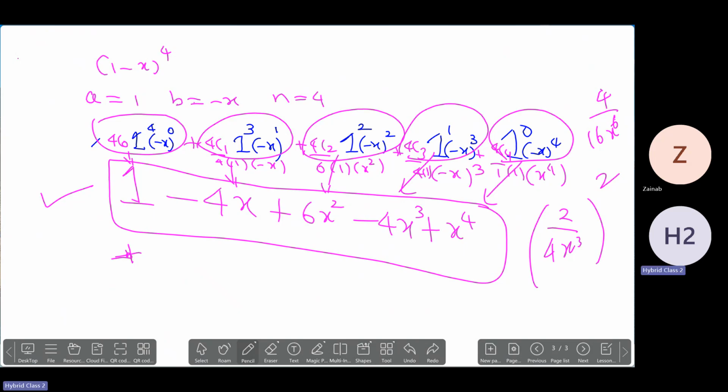Is memorizing hard? You just keep it as an everyday routine.